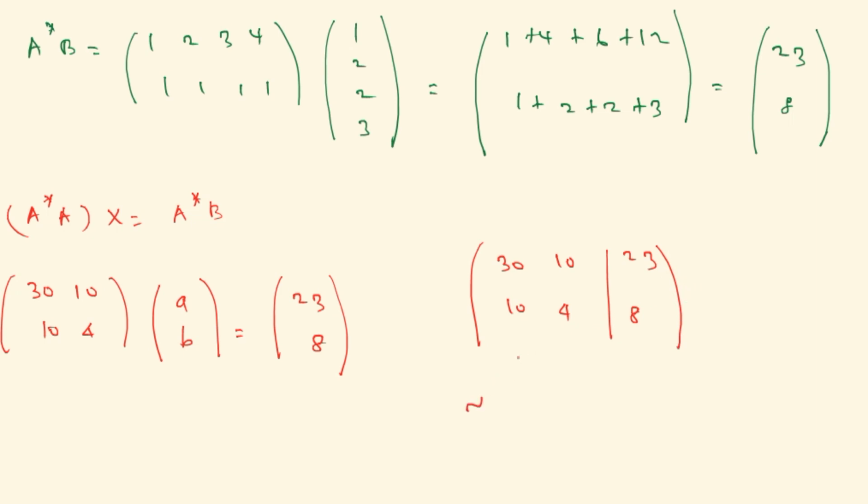Now this is the pivot element 30. To make this element 0, we multiply by 3. So 30, 10, 23, multiplied by 3 gives 30, 12, and 24.